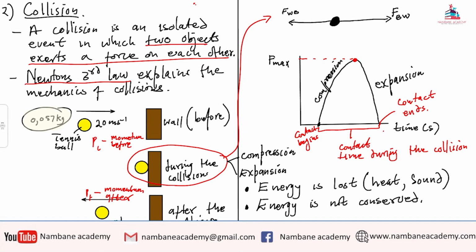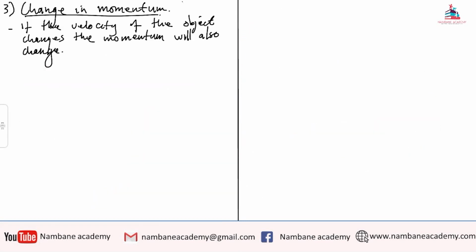Now, we have the momentum before and we have the momentum after. Let's try to do that. I'm just going to say P initial. We all know how to calculate momentum now. 0,057 kg, it is traveling with 20 meters per second.